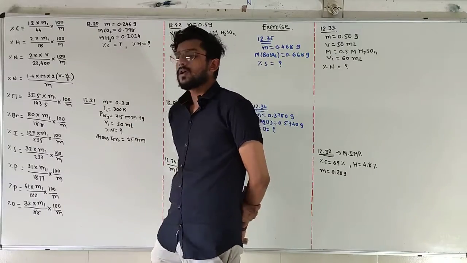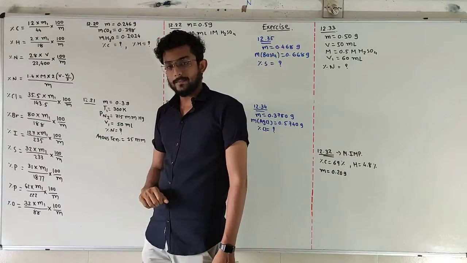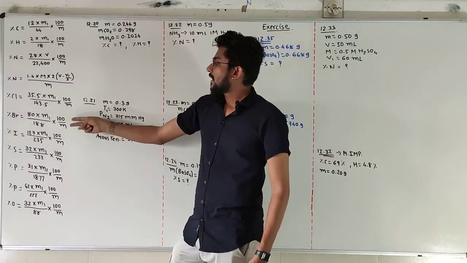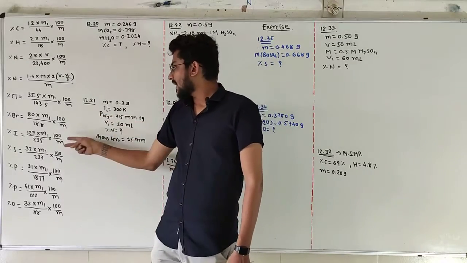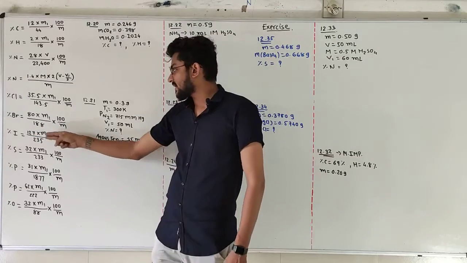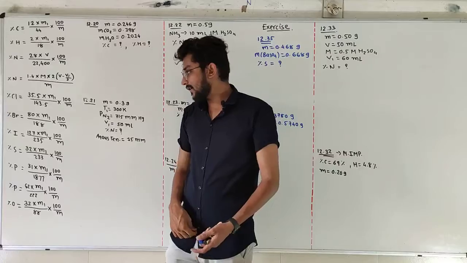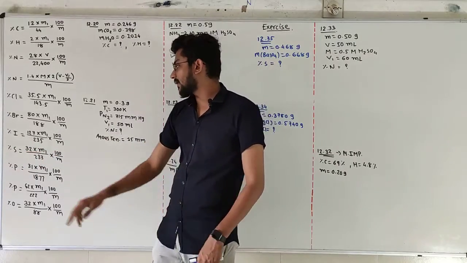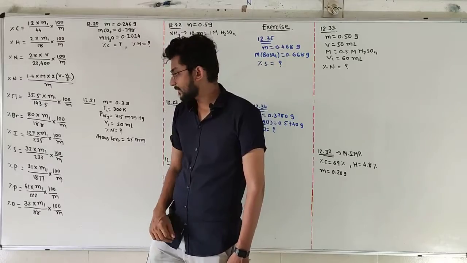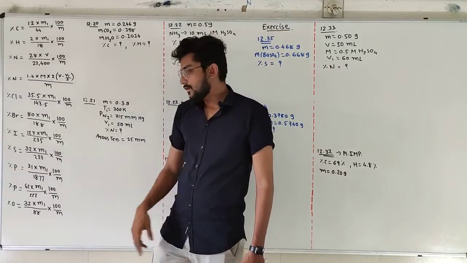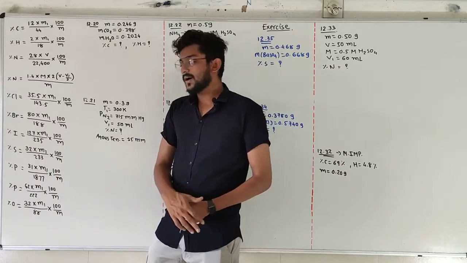The percentage of chlorine will be 35.5 into M1 divided by 143.5 into 100 by M. The percentage of bromine will be 80 into M1 divided by 188 into 100 by M. The percentage of iodine is 127 into M1 divided by 235 into 100 by M. The percentage of sulfur will be 32 into M1 divided by 233 into 100 by M. The percentage of phosphorus will be 31 into M1 divided by 1877 into 100 by m.